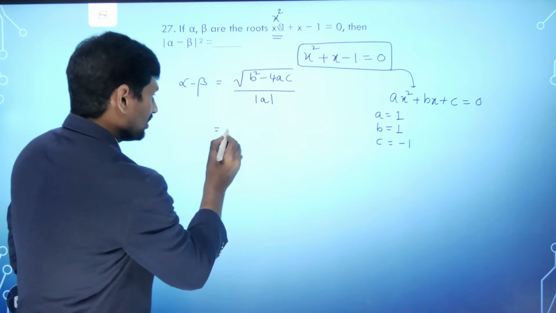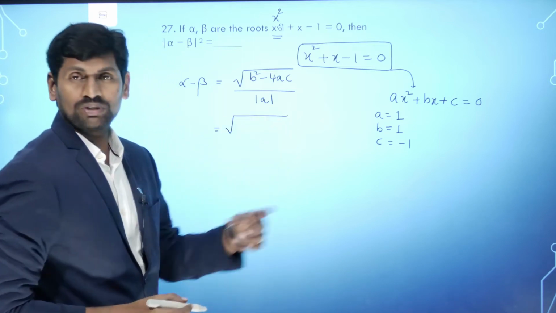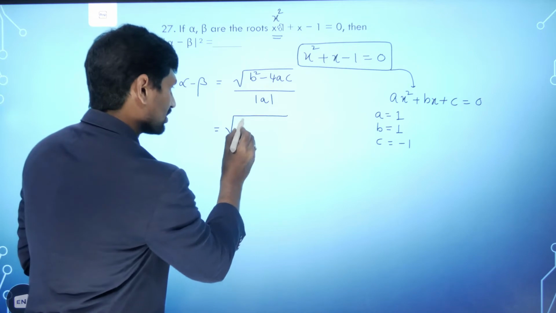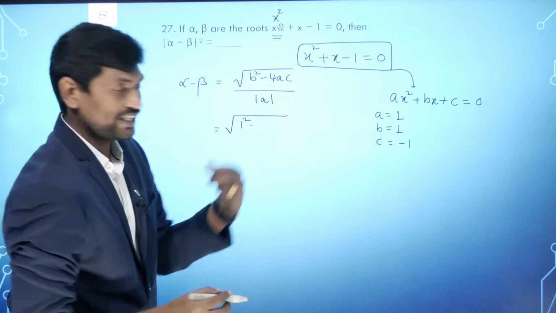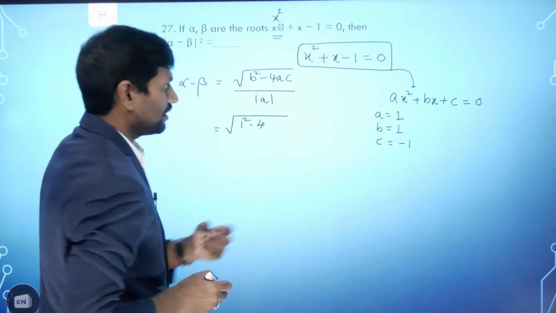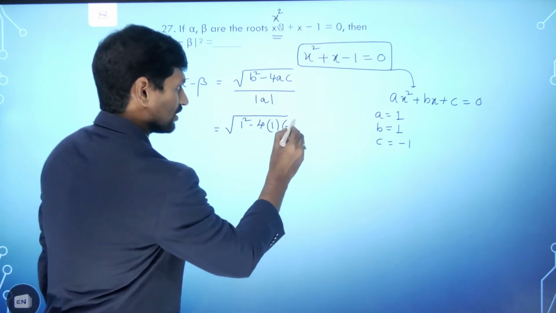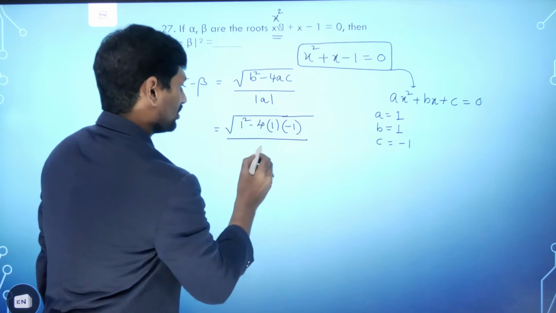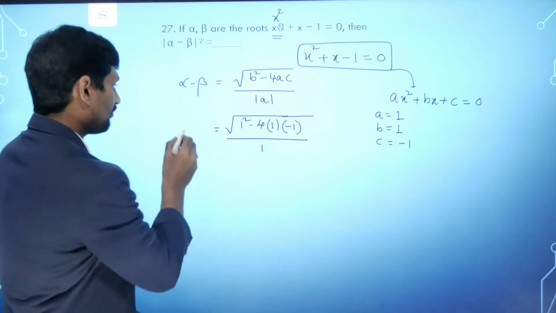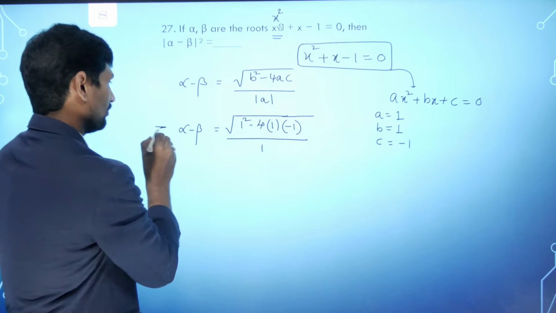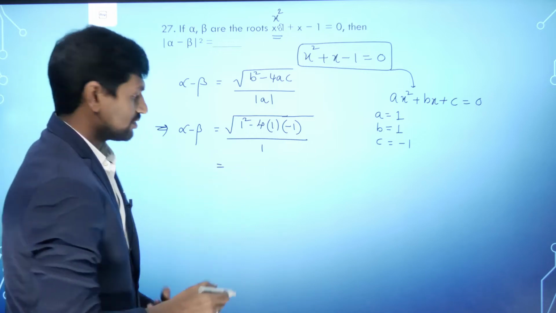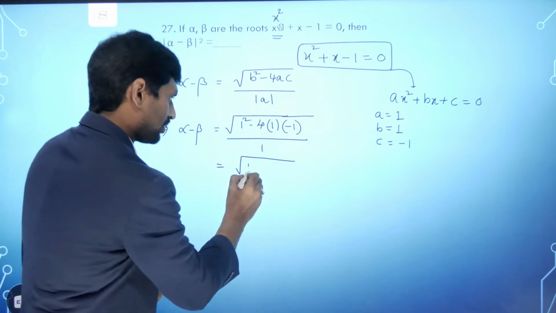Substitute: root over b value 1, b square means 1 square, minus 4ac. A value is 1 and c value is minus 1, by modulus of a, means 1. This is alpha minus beta value. That equals root over 1 square, means 1 only.